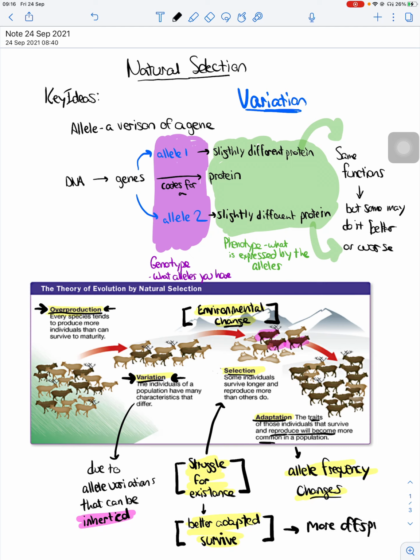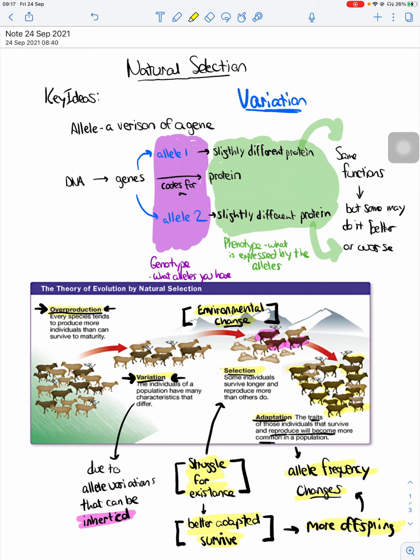You will reproduce more and have more offspring. And what that means is the next generation, and you can see that here, has more of those alleles that gave a better chance of survival.